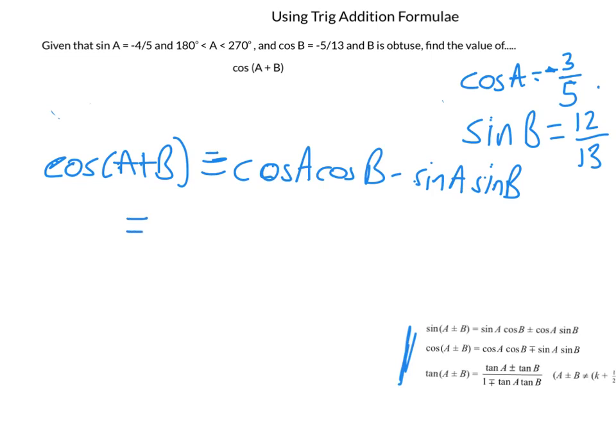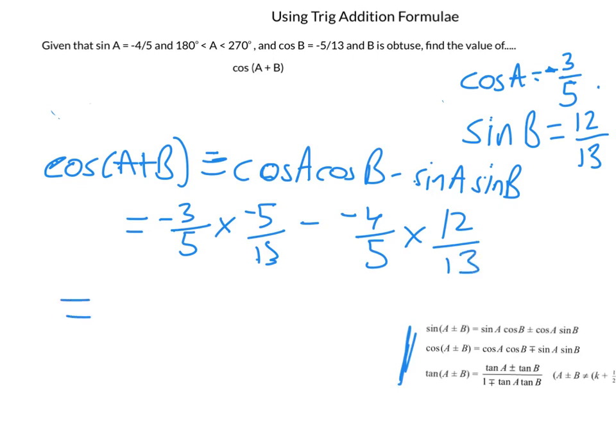Cos A, I've got negative 3/5 times cos B, negative 5/13, minus sine A times sine B. So sine A is negative 4/5 and sine B is 12/13.